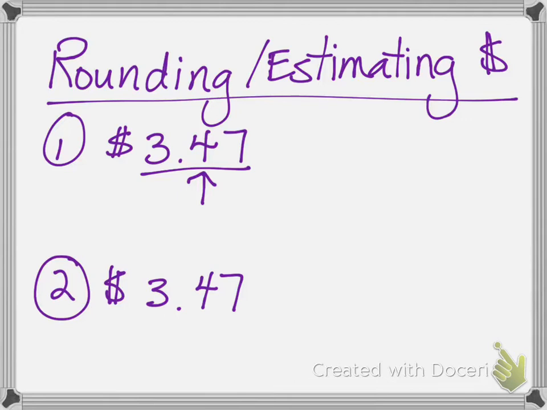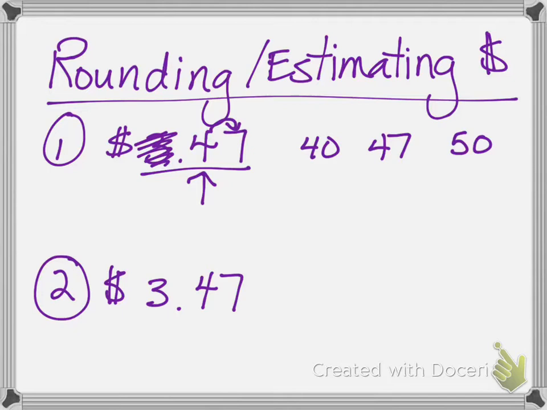Okay, so what are our 2 choices? Just like I showed you before, cover that up with your finger, right? Let's look at this number, 47. Is 47 closer to 40 or is it closer to 50? The 7 tells us what to do.